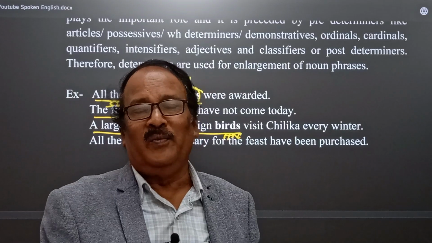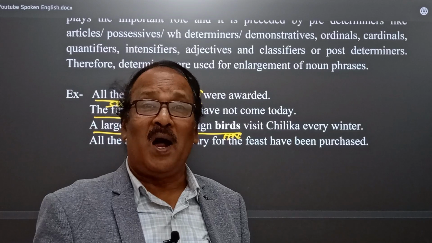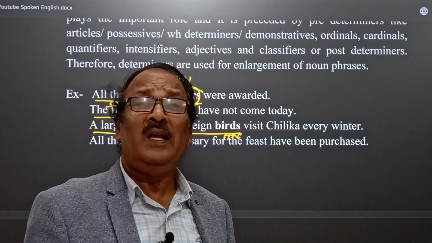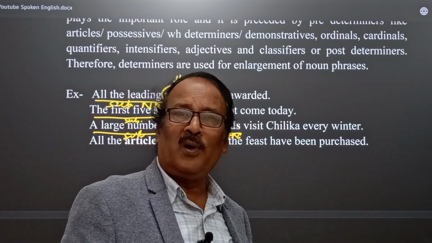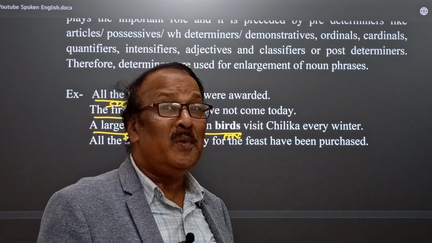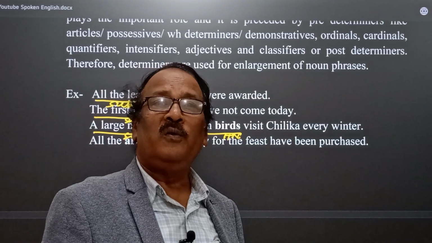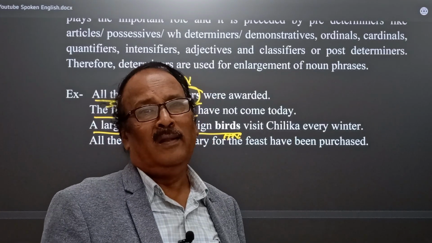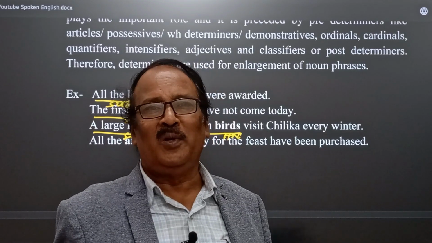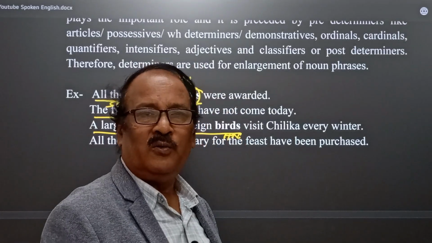As you know, whenever winter comes, migratory birds from Russia and different parts of comparatively colder countries visit Silica and stay for a period of 2 to 3 months, and then they return to their homeland. This is a very natural factor, the visit of migratory birds from one place to another.